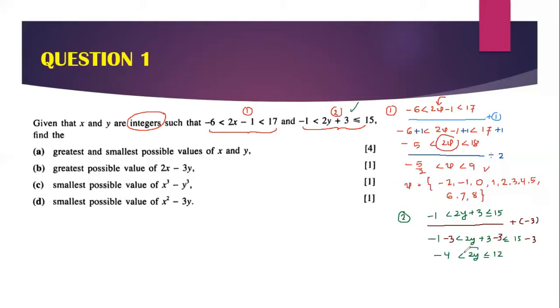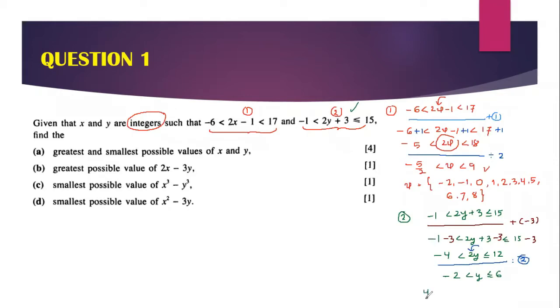And how to modify 2y to be a single y? By dividing by 2. This is our target, to be a single y. Now the new inequality is minus 2 less than y, less than or equal to 6.